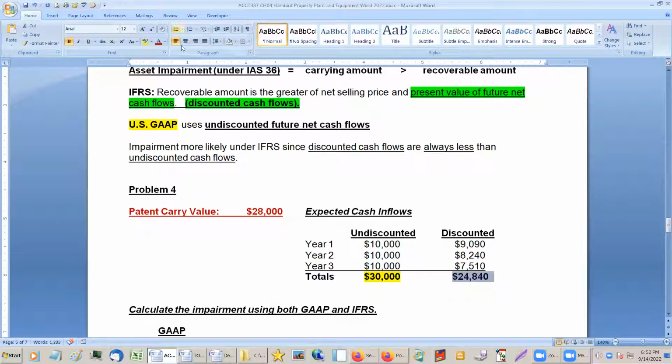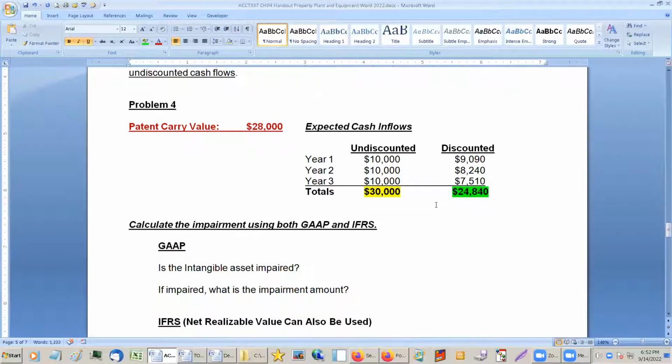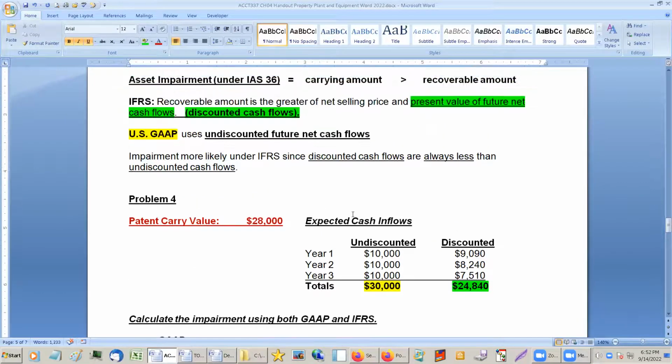The discounted cash flows they use for IFRS. And when I talk about discounted or undiscounted, I'm talking about the present value of money.